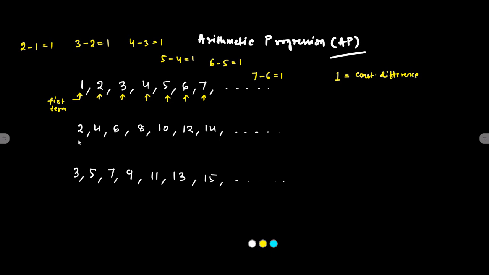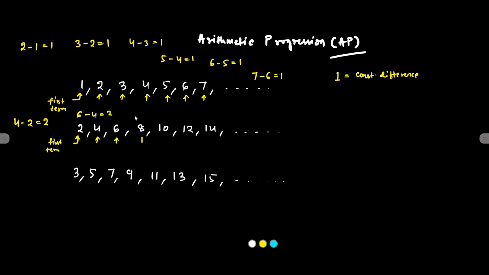Now here in the second case, this is the first term, then here 4 minus 2 is equal to 2. As we go to the next term, the difference 6 minus 4 is equal to 2, same difference.